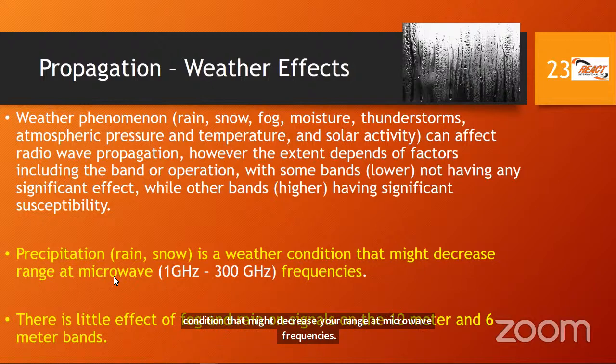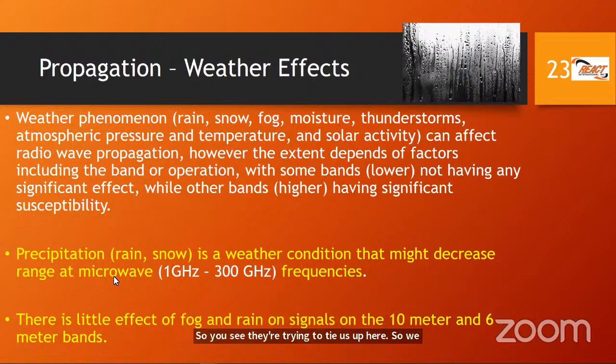So we need to know what microwave is. We have just put into brackets here for you, it's between 1 gigahertz and maybe about 300 gigahertz. So certainly above 1 gigahertz is considered microwave frequencies. So we will discuss that a little bit to help us remember what microwave frequencies are about.